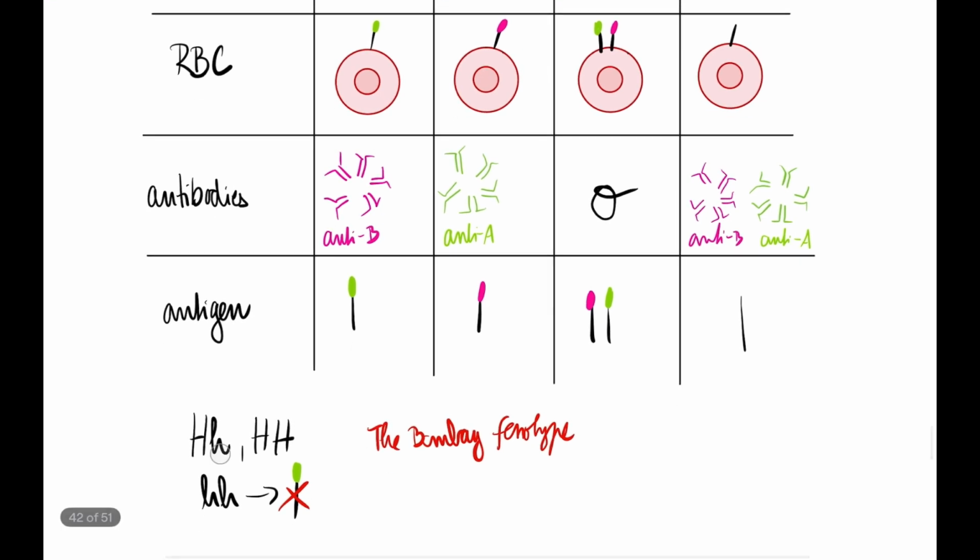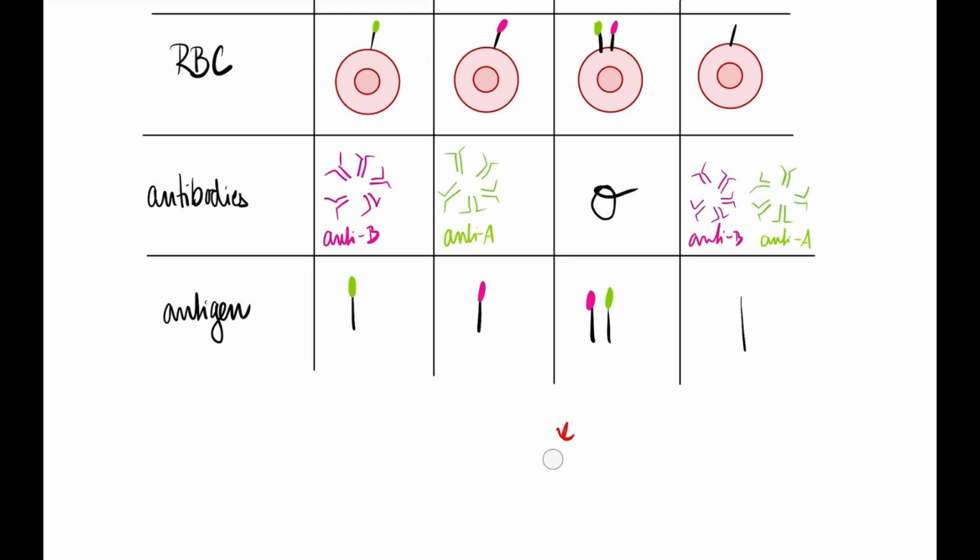So how does it work? We will take a closer look because it's actually interesting. Because if you have blood group A, then you are always inheriting some genetic predispositions from your parents. So if you have blood type A, you can have A from your dad and A from your mom, or you can have A from one parent and O from the other parent.